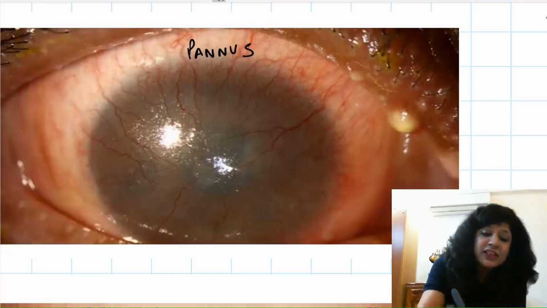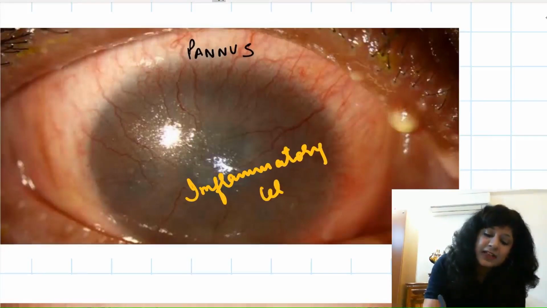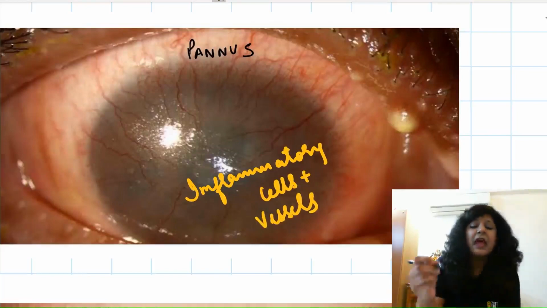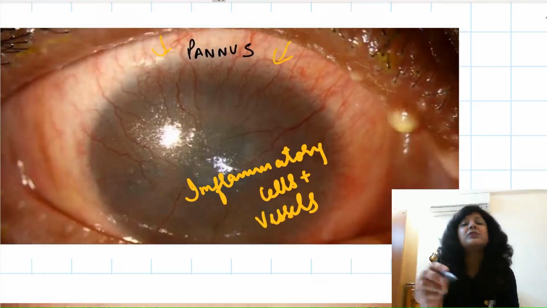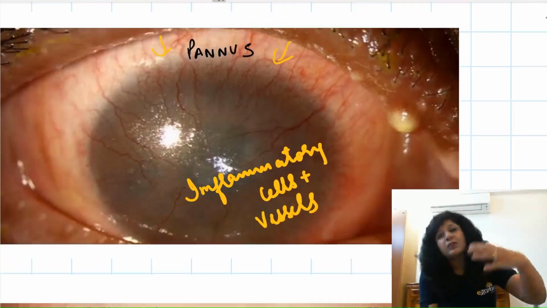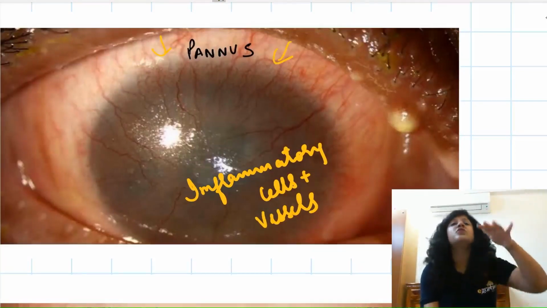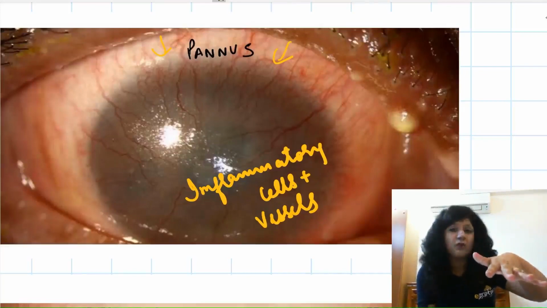When these vessels are growing over the cornea, they are also bringing inflammatory cells. So we have these inflammatory cells along with the vessels, and mostly it is the superior side that we get the vessels first, because the trachoma follicles are also present on the superior side first. So it is the superior side that is involved first.